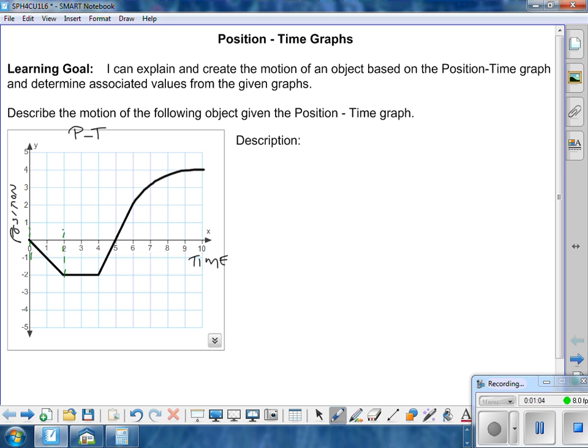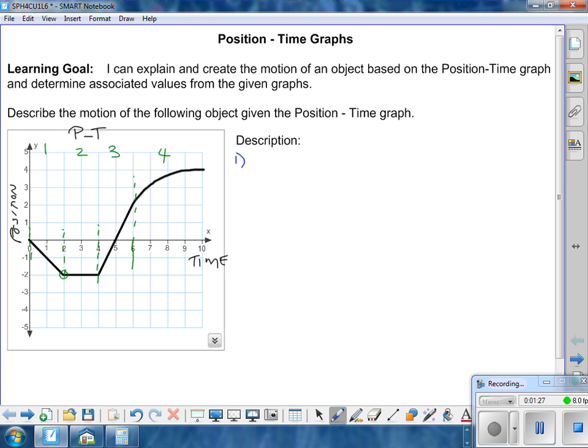Anytime there is a kink or a break in the graph, there's been a different motion brought forth. So here there are 1, 2, 3, 4 regions to describe. Here I'm giving you an example of what I would expect on an assessment or on a test, just so you have that in mind.